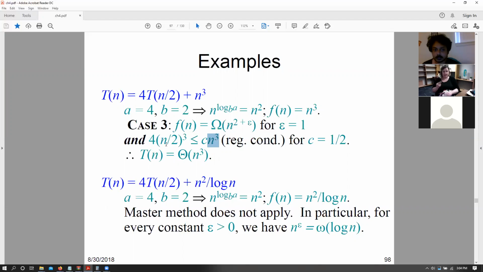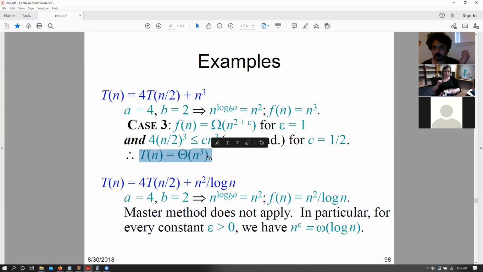This essentially becomes 4 by 8 n cubed, and we can say that for c equals half, that condition holds. For any number greater than half, this condition holds. So it is directly going to be f of n. F of n is n cubed, so T of n equals theta of n cubed.